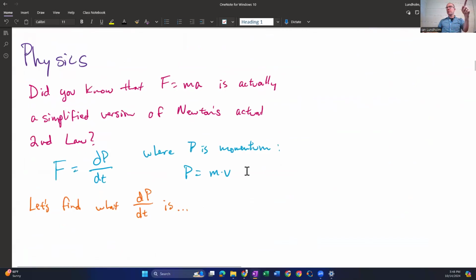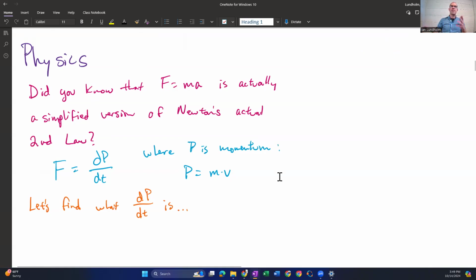Okay, here's one from physics. Did you know that force equals mass times acceleration is actually just a simplified version of Newton's actual second law? The actual second law says that force is equal to the rate of change of momentum, where momentum is mass times velocity.